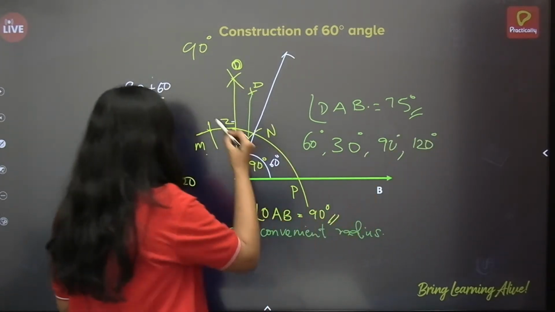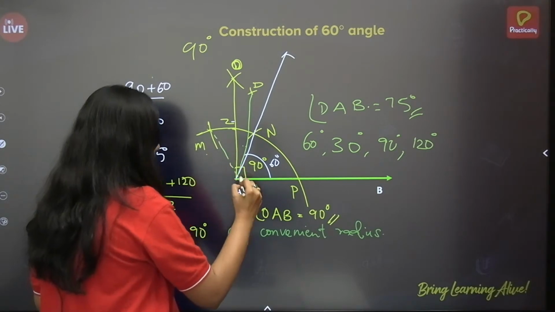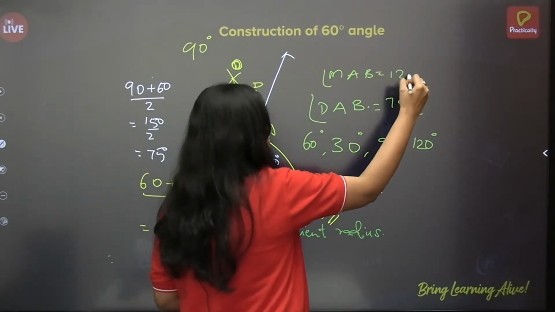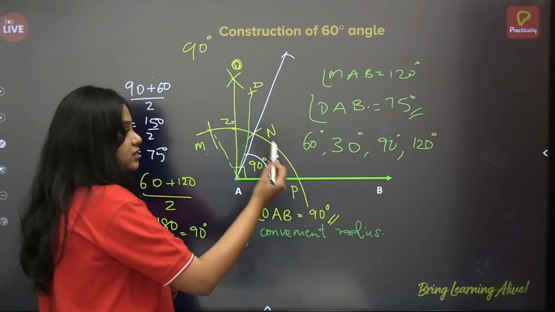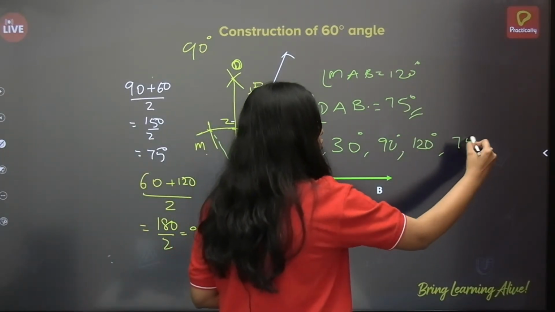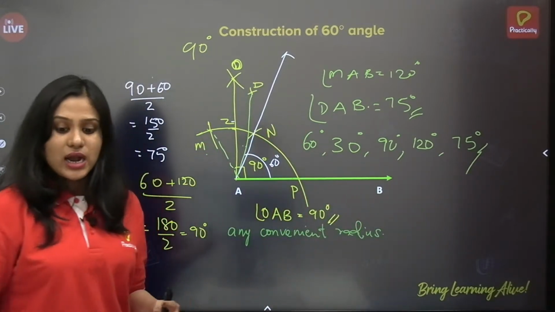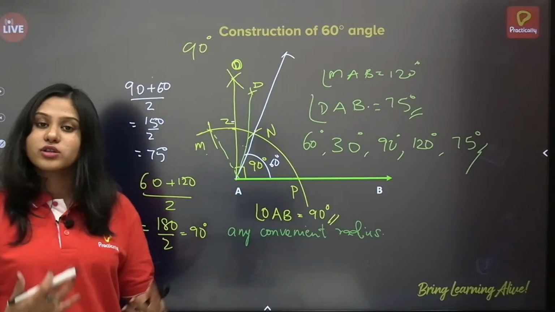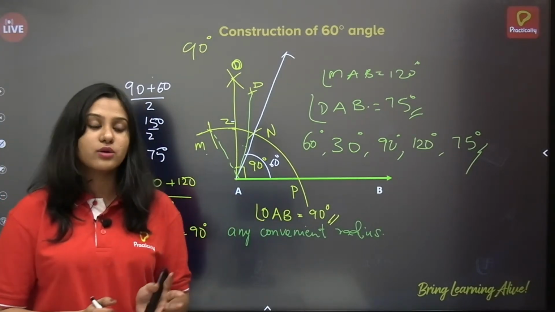If you join MA, angle MAB is 120. So, we have seen 60, 30, 90, 120 and also 75. These are the few angles you would be needing for further constructions. I hope I'm clear with all of this.